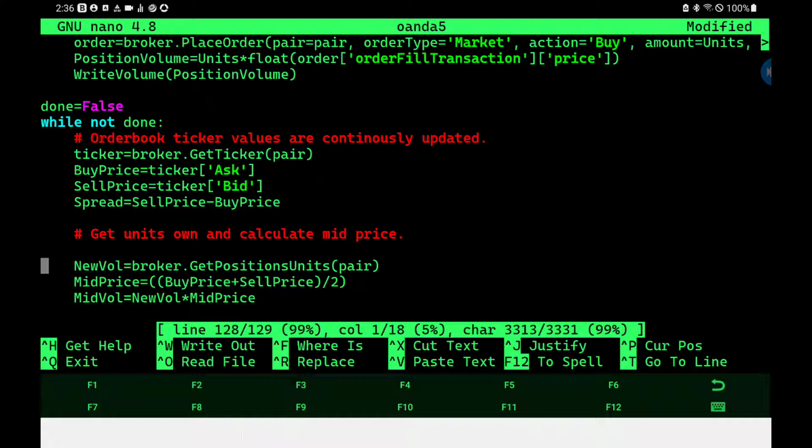So if you have a stock that's not paying a dividend, then this is kind of meaningless. Same thing with cryptocurrencies. There's no value to holding something that you're not being paid to hold. And that's what a dividend is.